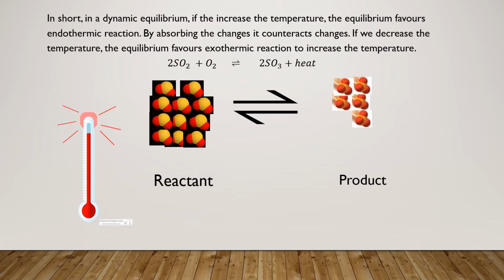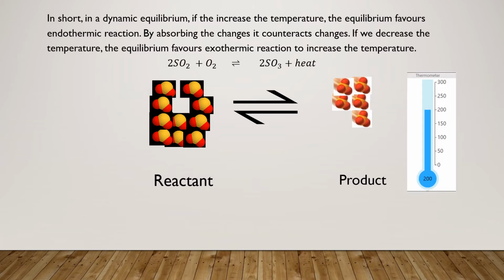In a similar way, if we decrease the temperature, it favors the formation of product so that it can maintain the temperature of the whole process. This is an example of Le Chatelier's principle.